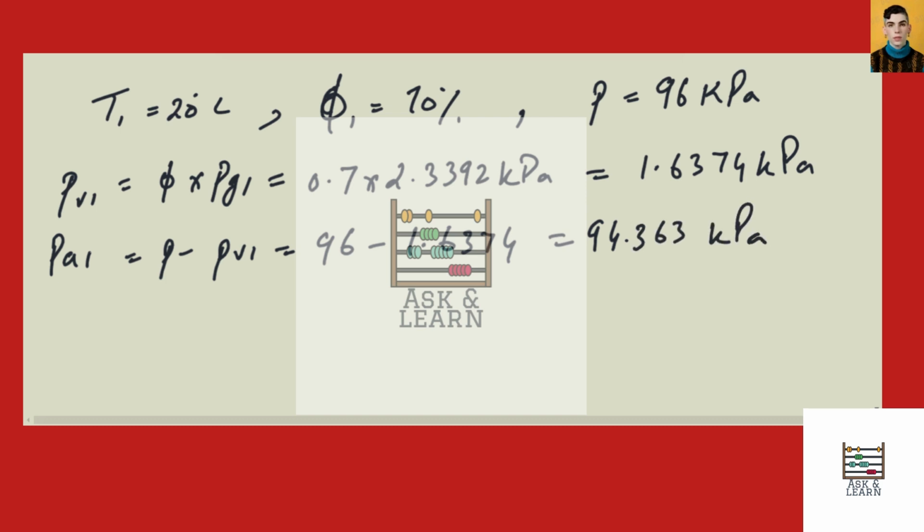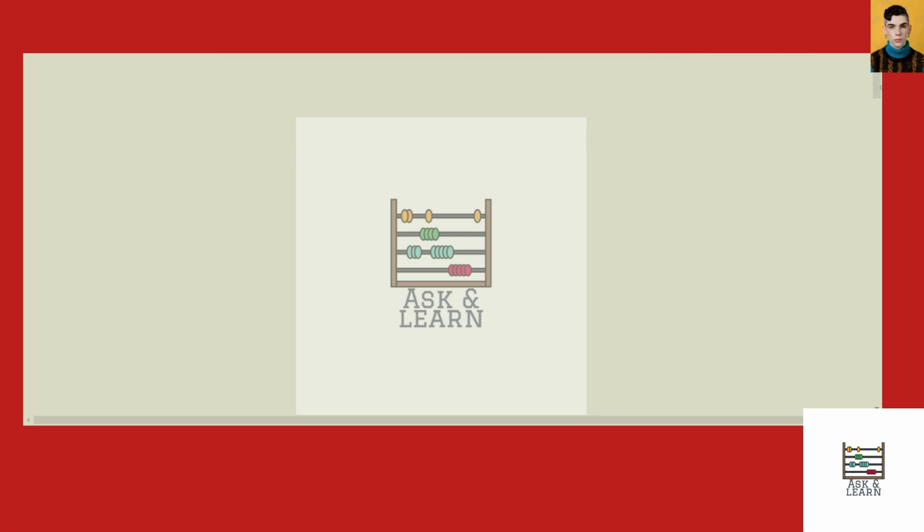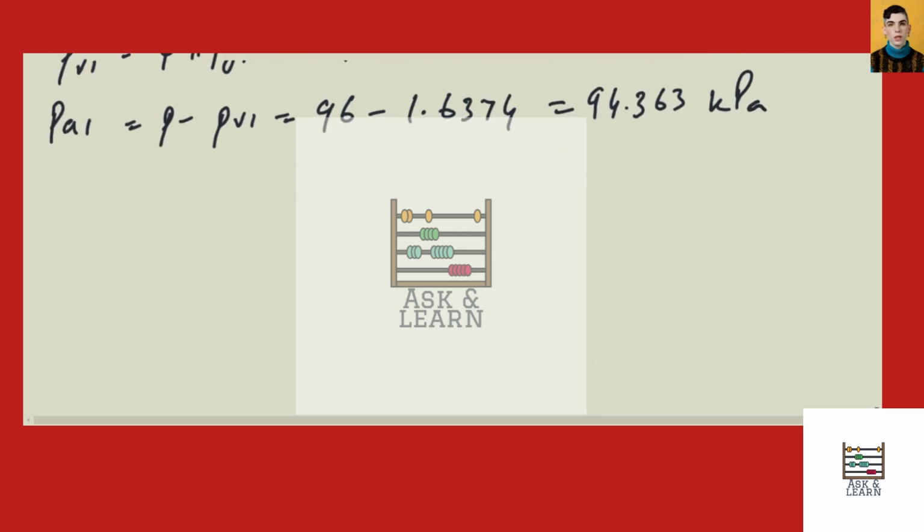Kilopascal. Now we can calculate the absolute humidity W1 and from that the enthalpy H1. So for the calculation we will also need Hg1, that is equal to 2537.4 kilojoules per kg.